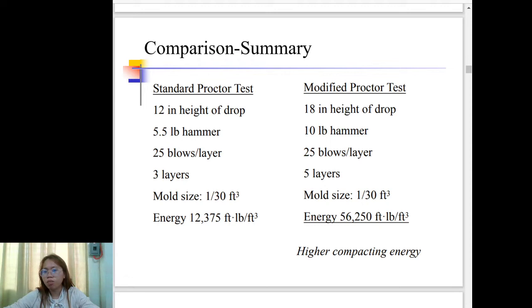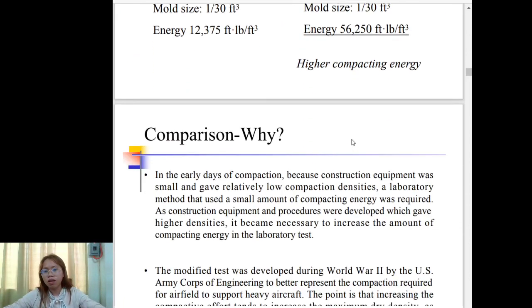So that is why higher compaction or compacting energy, diba? Potential energy is equal to the magkataas imong height, higher ang energy. So this follows nga dako og compacting energy ang modified Proctor test.